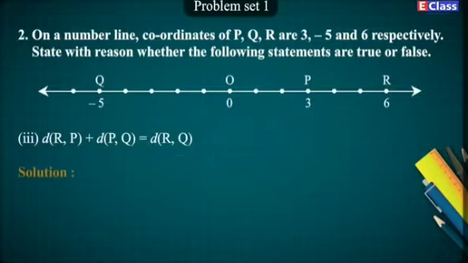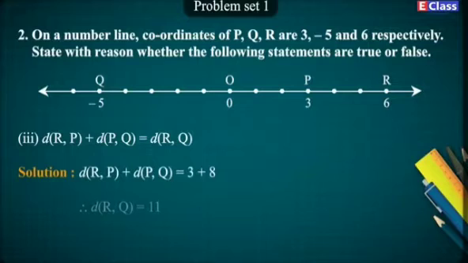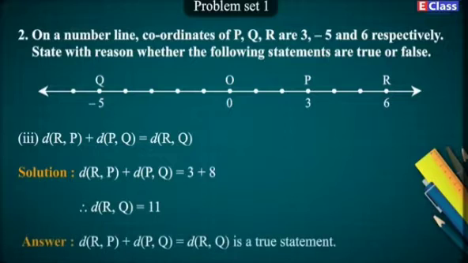Solution. Distance of RP plus distance of PQ is equal to 3 plus 8. Therefore, distance of RQ is equal to 11. Answer. Distance of RP plus distance of PQ is equal to distance of RQ is a true statement.